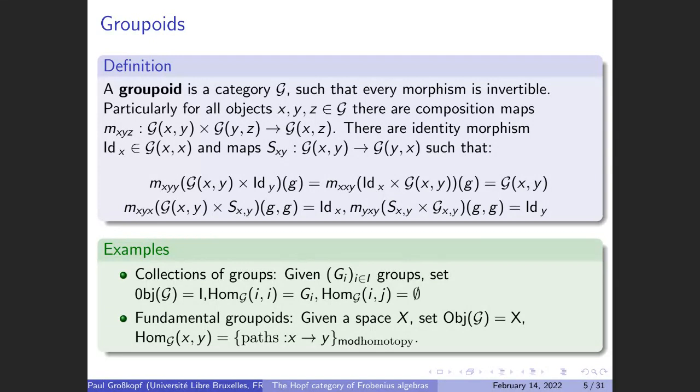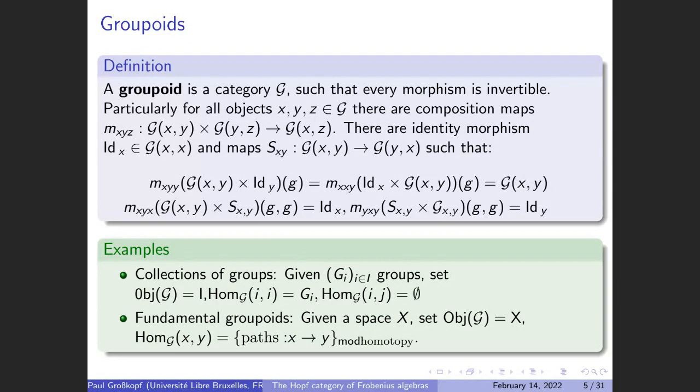And for every three points, I have a multiplication that can connect an arrow from x to y with an arrow from y to z, and the result is going to be an arrow from x to z. Particularly here we have multiple identity morphisms, which are maps from x to x. And I have a map that reverses an arrow, which maps some arrow from x to y to its inverse.